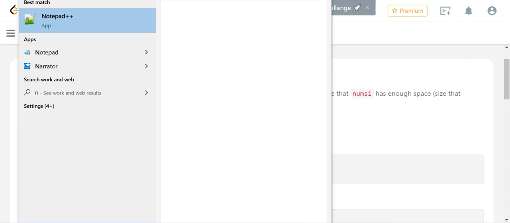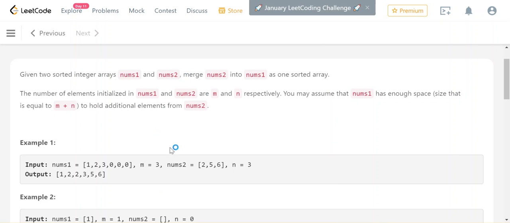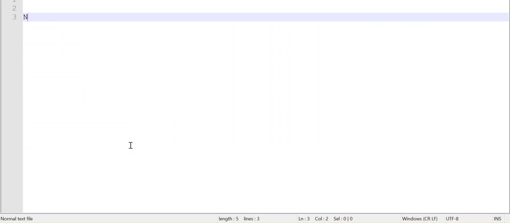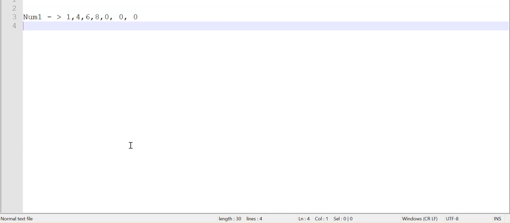It contains values such that it contains 1, 5, 4, 6, 8, and 0, 0, 0, because nums1 can accommodate the values which are there in nums2 as well.